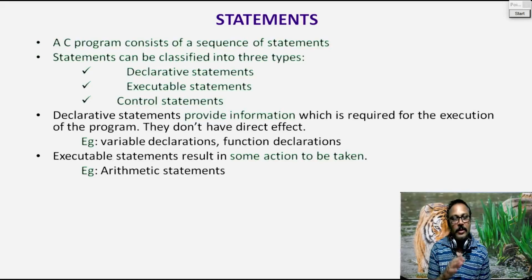But if they are integers, then the value of a by b is only 3. So how is the compiler going to decide it? Based on the information you provide, whether you declare them as integers, float or double. So declarative statements provide information which is essential in the C language.